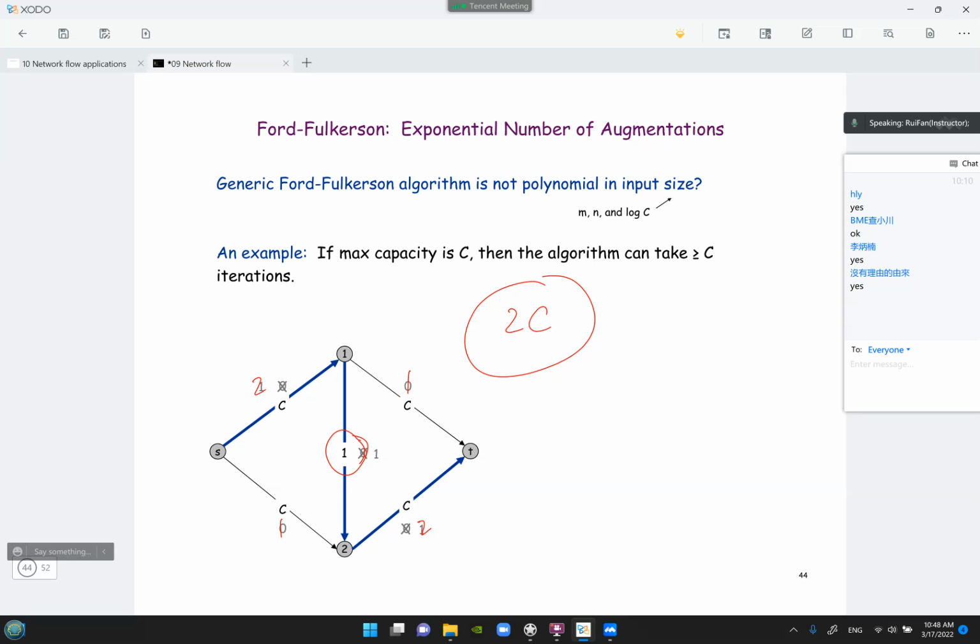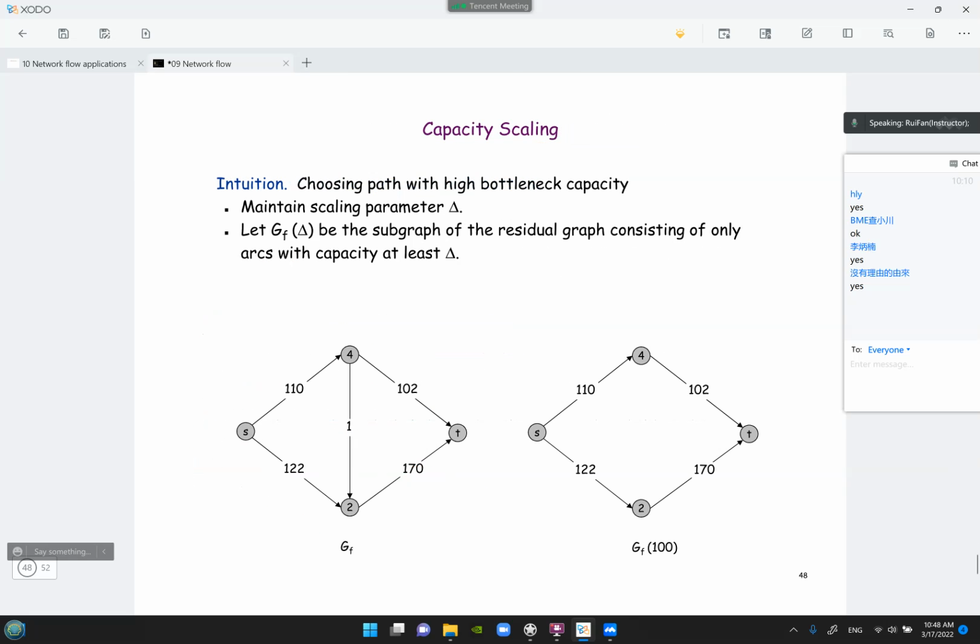So what we want to do is to look for flows which are large. Each iteration we want to increase the flow by a big amount, and that would mean that in total you don't run many iterations. Our goal is to make sure that in each iteration we can increase the flow by a lot. How do you do that?